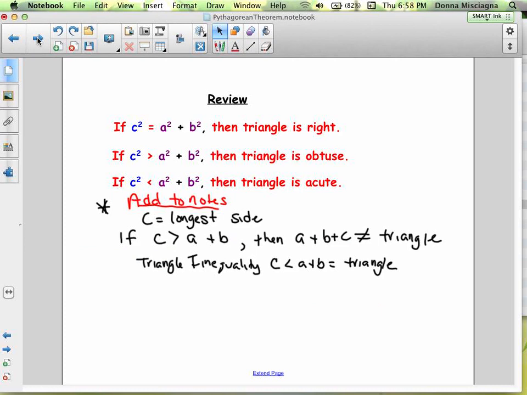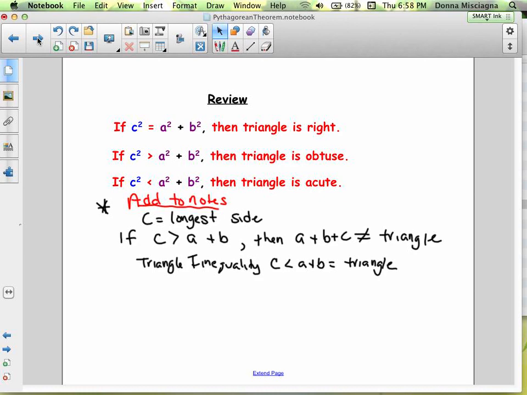I think part of it's on one side, part of it's on the other side, that goes with the problems that you had to do in your notes. If c squared is equal to a squared plus b squared, then the triangle is right. If c squared is greater than a squared plus b squared, then the triangle is obtuse. If c squared is less than a squared plus b squared, then the triangle is acute. And c, remember, is the longest side.